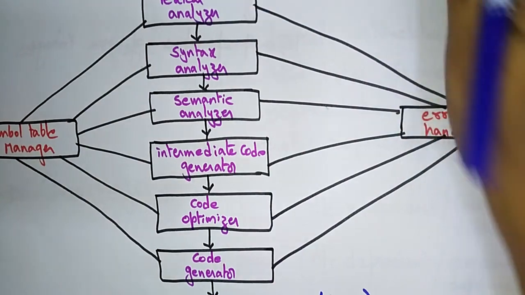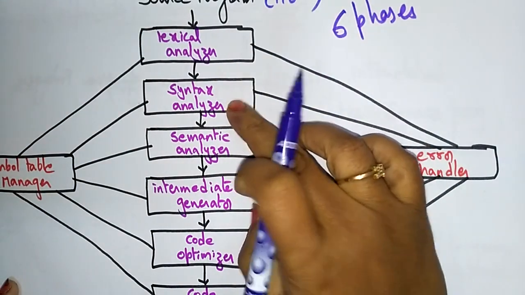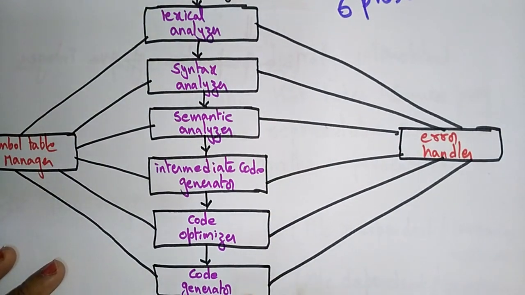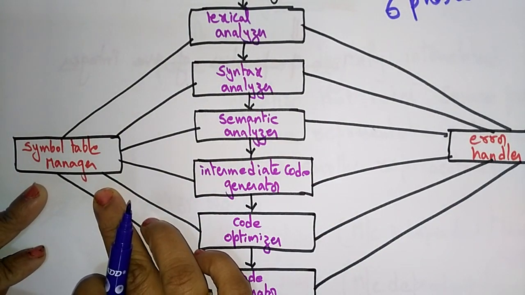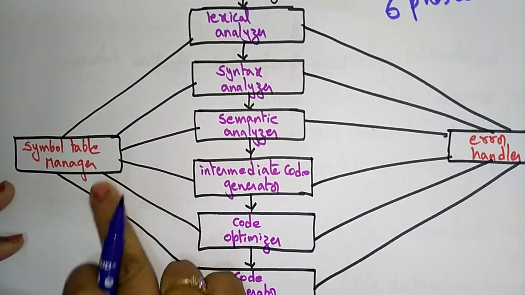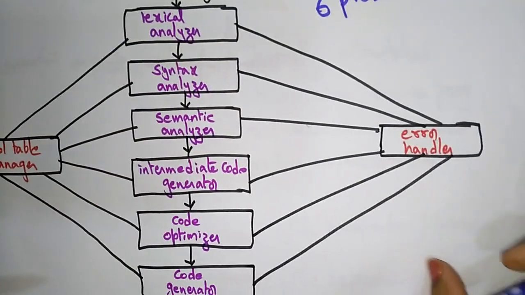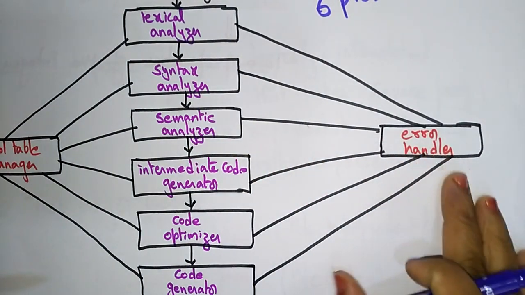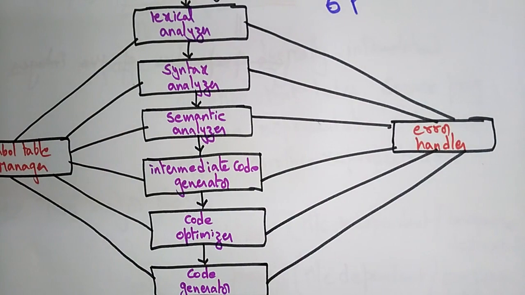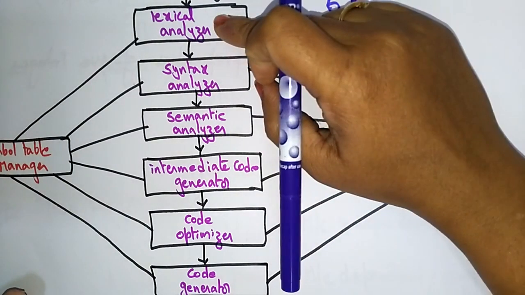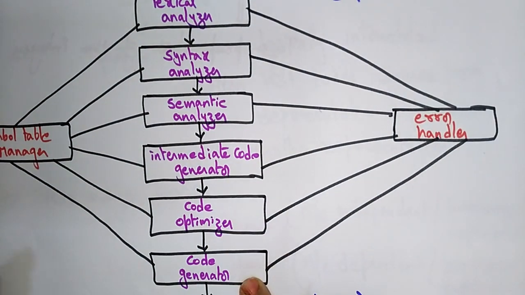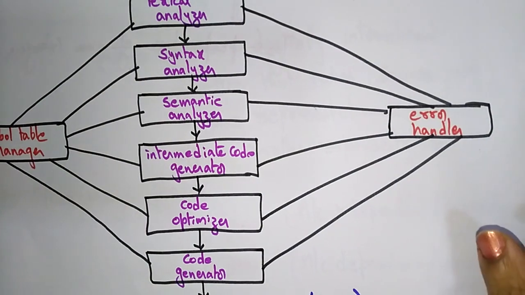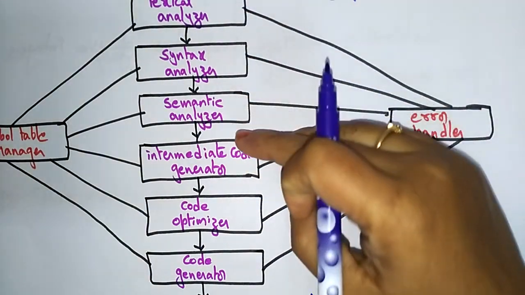All these phases are managed with the help of the symbol table manager, which stores all the symbol related information, and if any error occurs between these phases, the error handler handles that error. Now let's discuss them one by one.